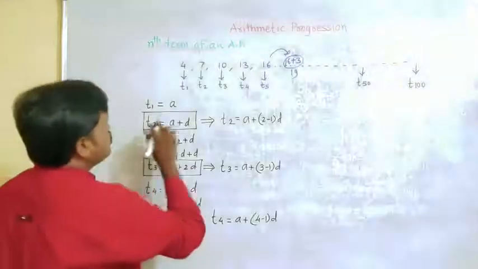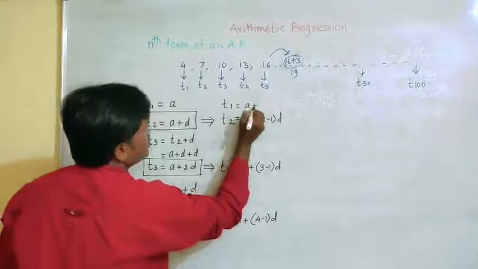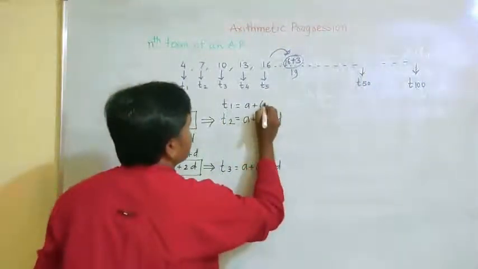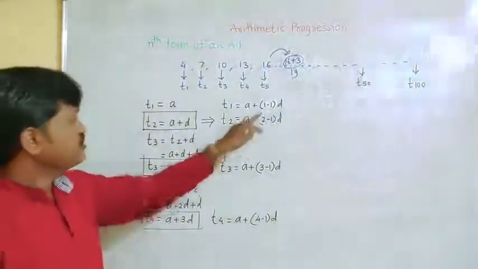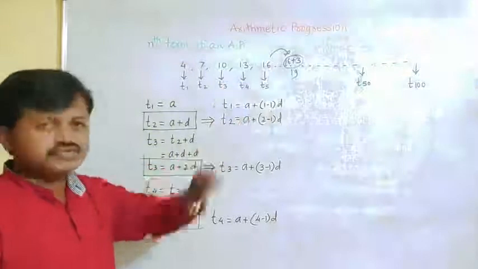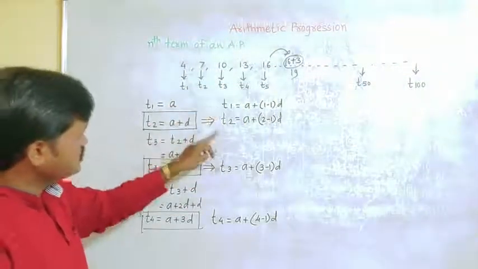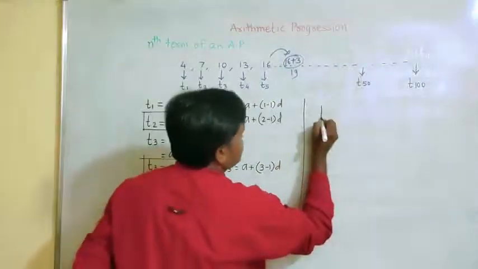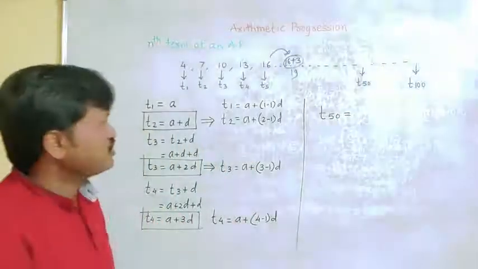Now here there is no d, but how do you write T1? T1 is equal to a plus, there is no d, so you write 1 minus 1 d. 1 minus 1 is 0, 0 into d is 0. So as a generalization of T1, T2, T3, T4, we find T50.